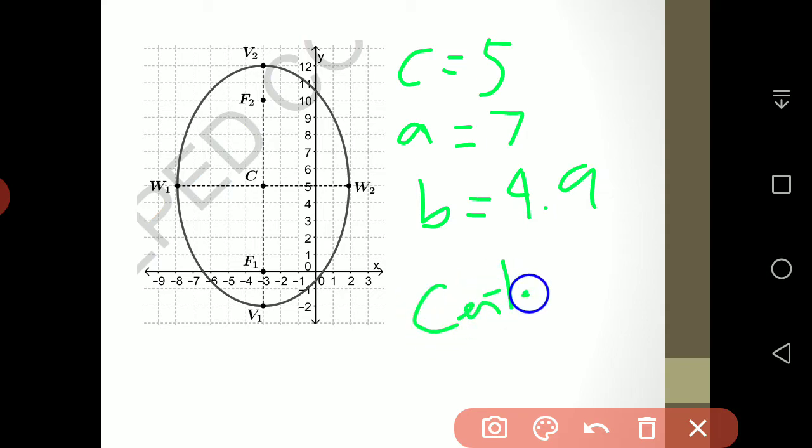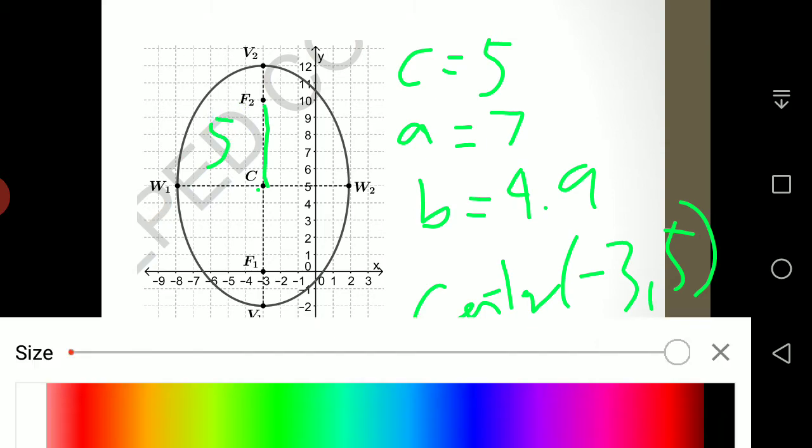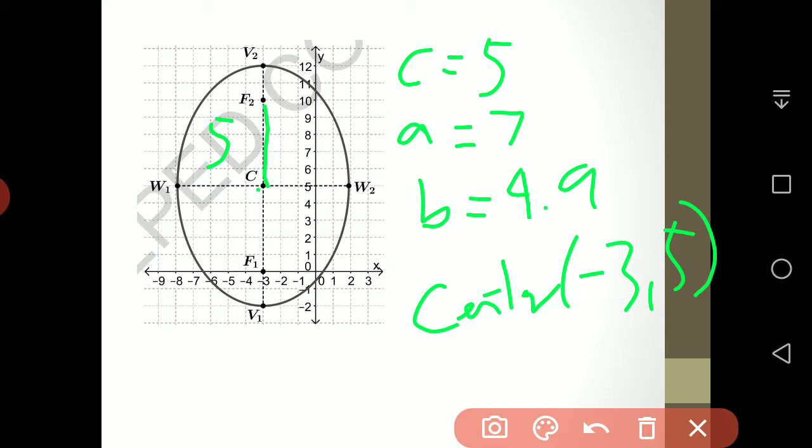So our center is at -3, 5. Now let's verify. From the center towards one of the foci, that is c, which is 5, and from the center to our vertex is 7.